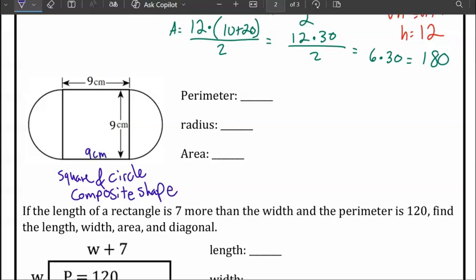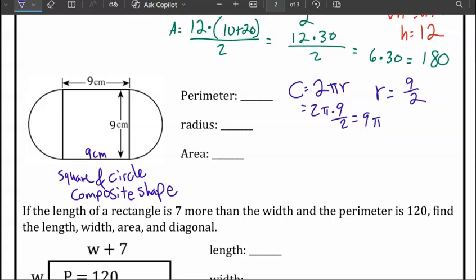And we want to find the circumference of this whole circle to get both sides of these two half circles. Circumference is 2 pi r. R is half of the diameter, so it's 9 over 2. 2 pi times 9 over 2 equals 9 pi.